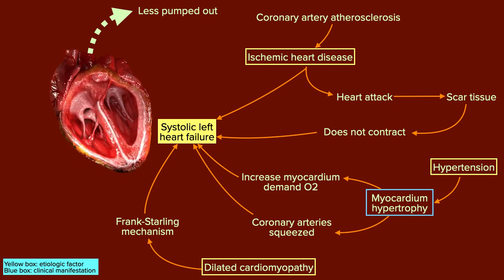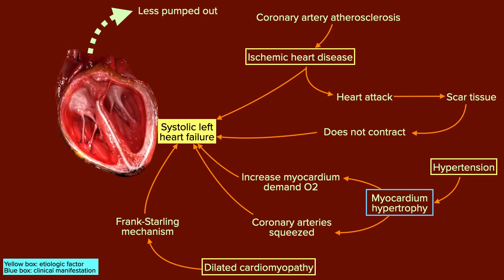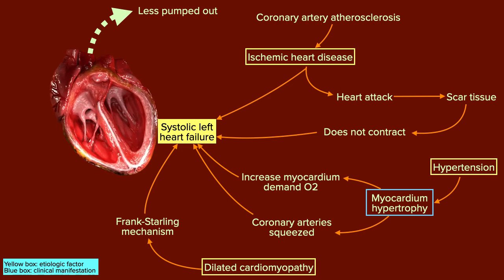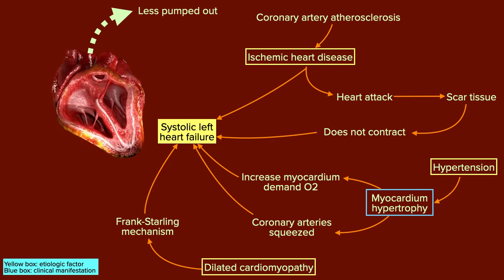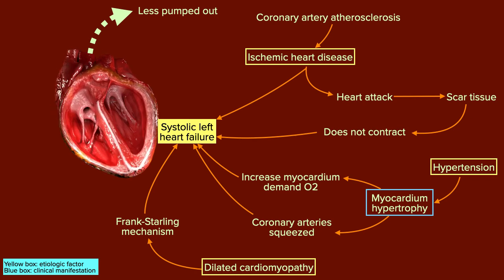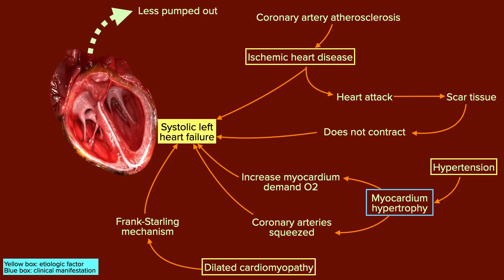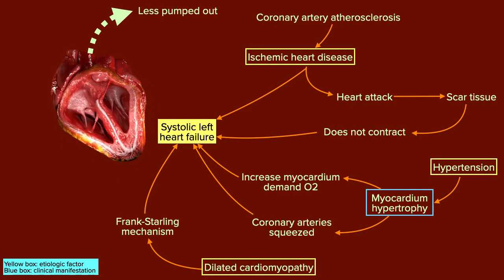Even though this can actually work for a little while, over time the muscle wall gets thinner and weaker, eventually leading to systolic left-sided heart failure. And ultimately, the ventricle walls need to be the right size relative to the size of the chamber in order for the heart to work effectively. Any major deviation from that can lead to heart failure.